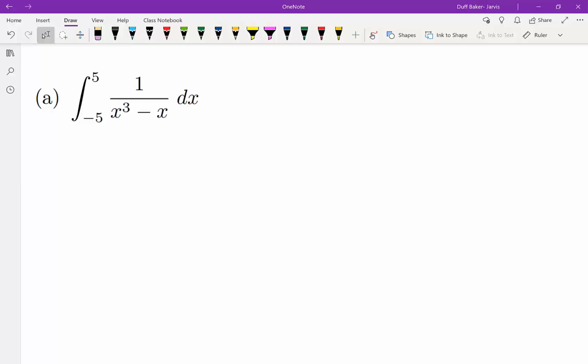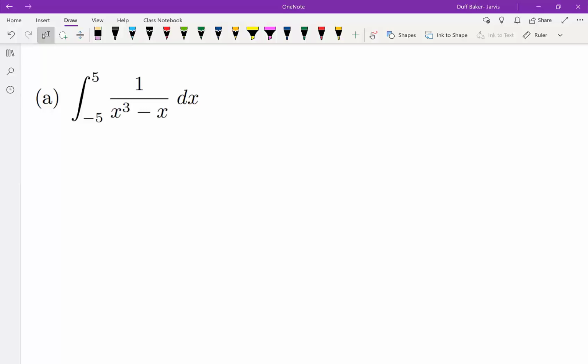If you look at this, this isn't a basic thing that I can simplify down to the basic formulas and take an antiderivative. So maybe I could try u substitution. But after you try a couple of them, you'll realize there isn't really a good u substitution here, right?